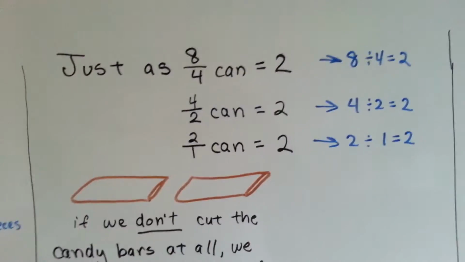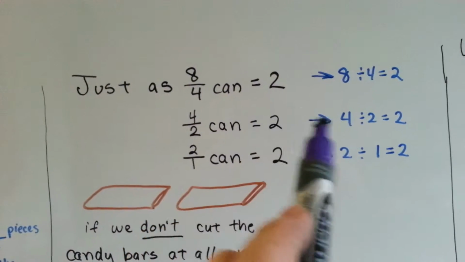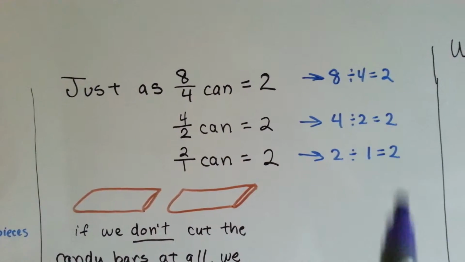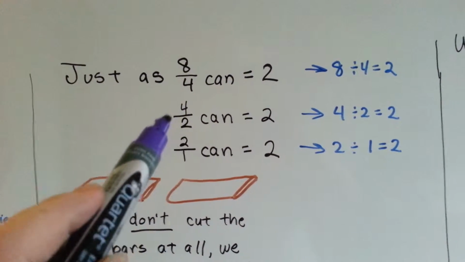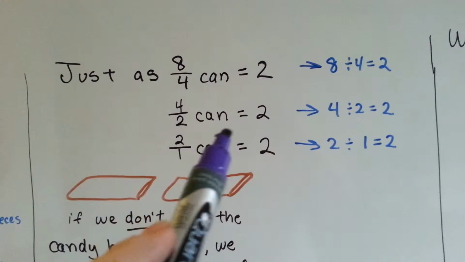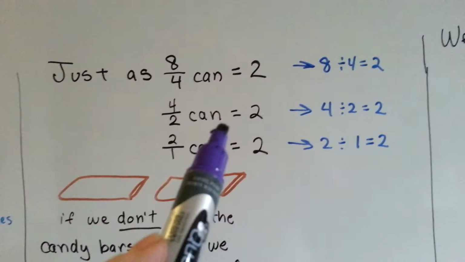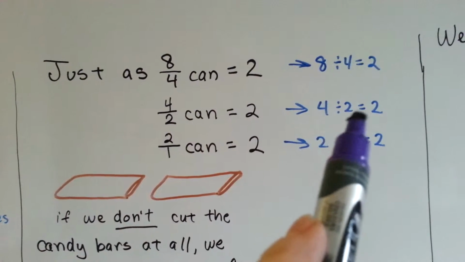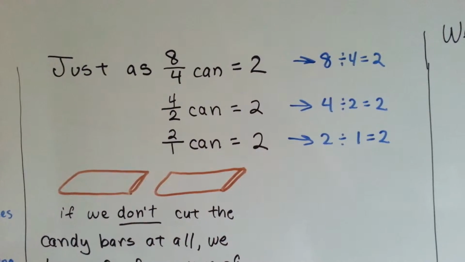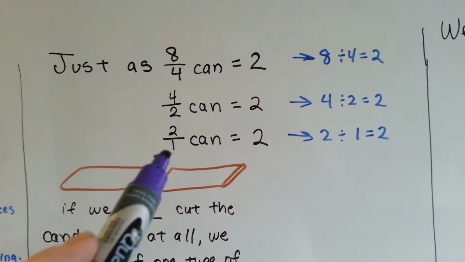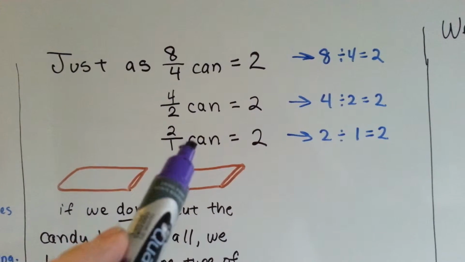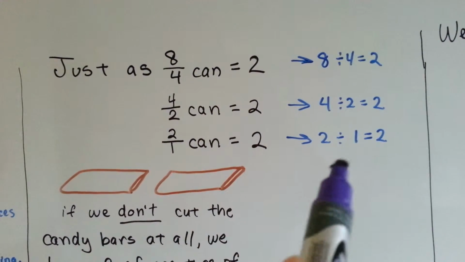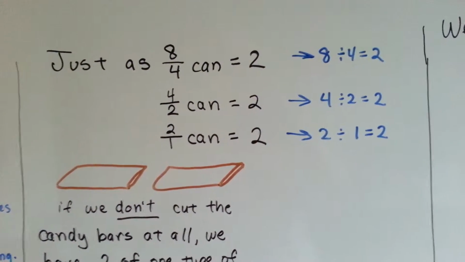Okay. Well, just as 8/4 can be 2, because 8 divided by 4 equals 2, 4/2 can equal 2. 4/2 would be 4 divided by 2, which is 2. And 2/1 can equal 2, because 2 divided by 1 equals 2.